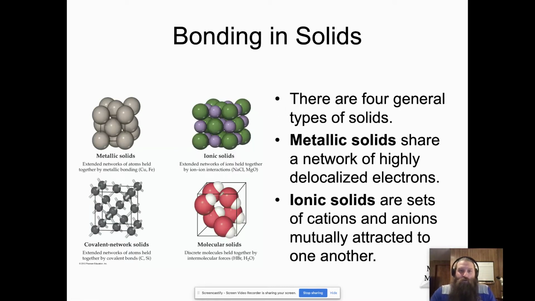All right. So we've talked about liquids, right? Now let's look at the bonding that occurs in solids. There are basically four general types of solids. We have our metallic solids, which are going to share that sea of electrons, those really delocalized electrons. We have ionic solids, which are formed when cations and anions are mutually attracted to each other.